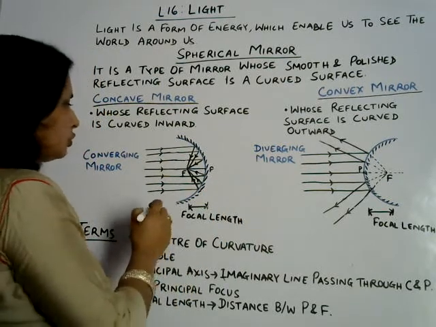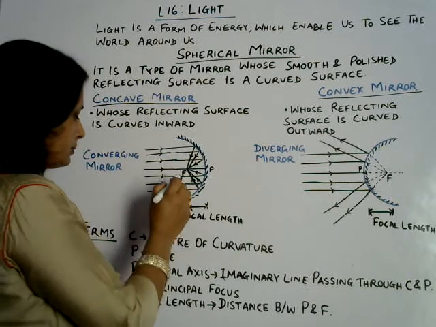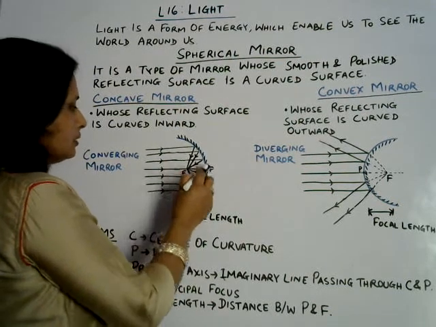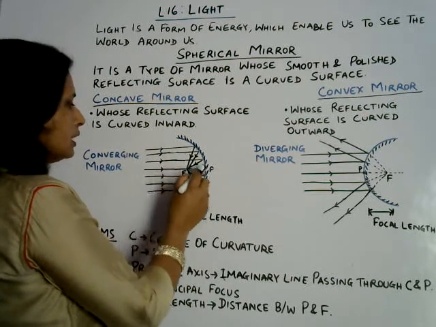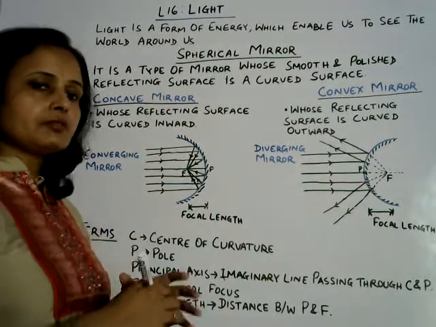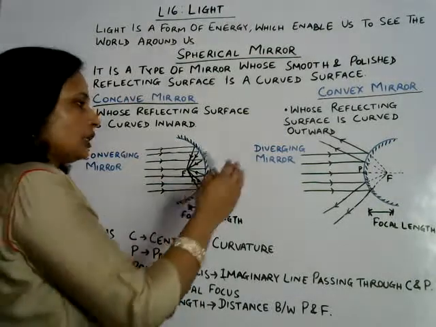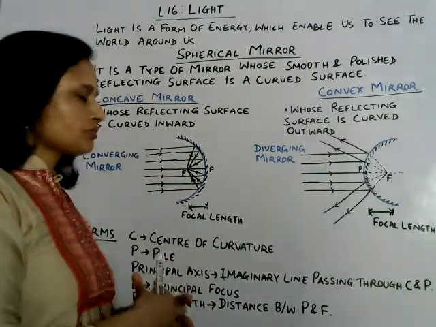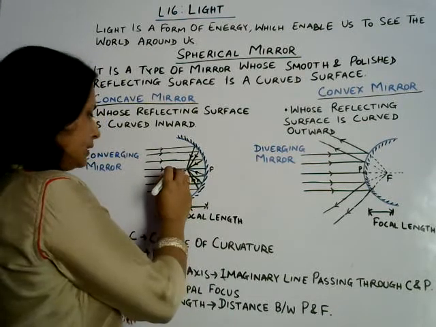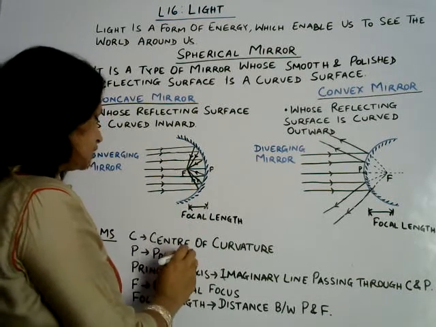So there is a principal axis, an imaginary line that passes through the imaginary center of a sphere. We have to imagine such kind of mirror in the form of a sphere, and the center of the sphere is called center of curvature.